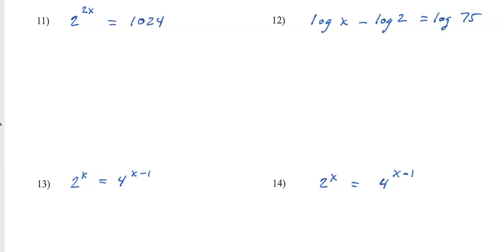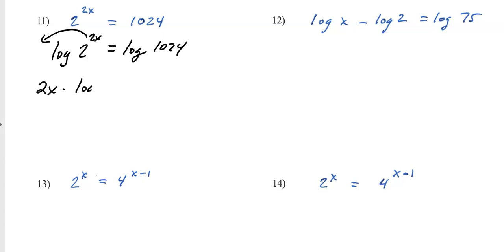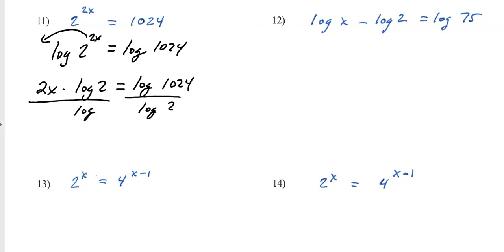I don't really feel like doing that right now, so I'm just going to take the log of both sides. And I'm going to yank that 2x out to the front. And isolate the x part. So divide both sides by log of 2.